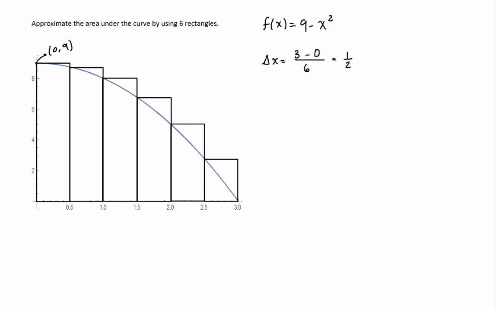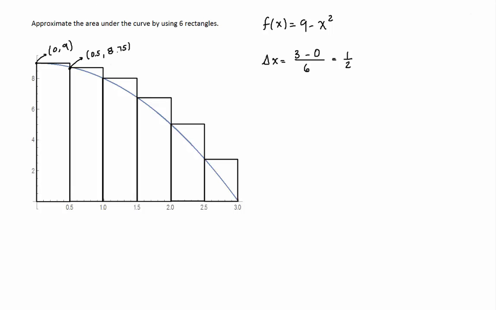So when you evaluate 0, that's easy to find out. And that is 9. This one will correspond to 0.5. And now the height is going to be f of 0.5, which is 8.75.